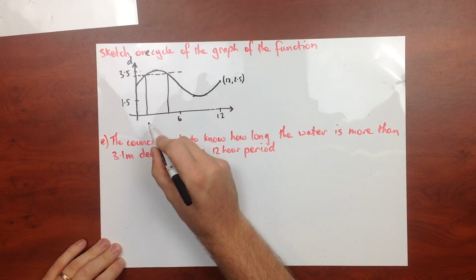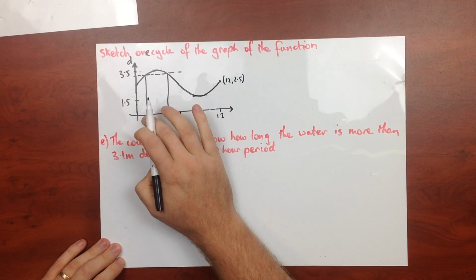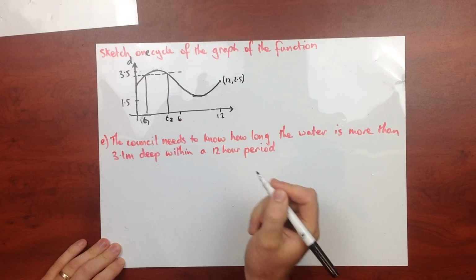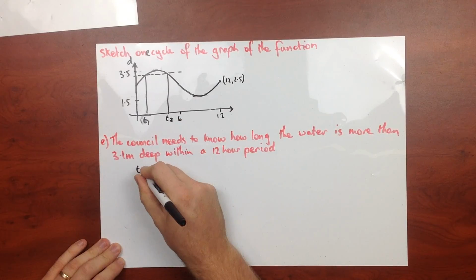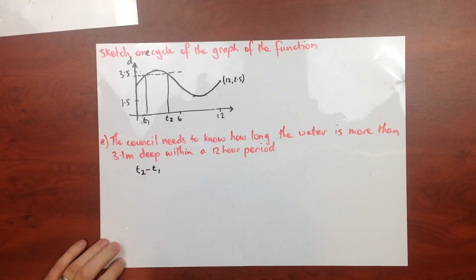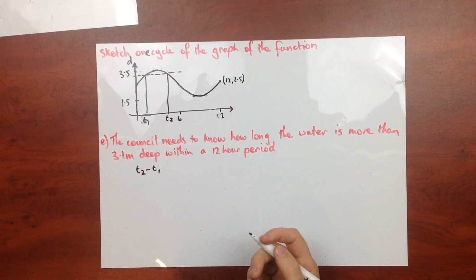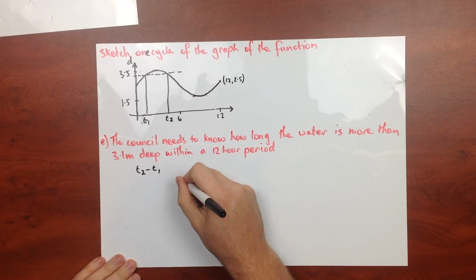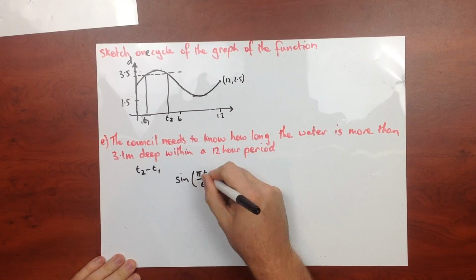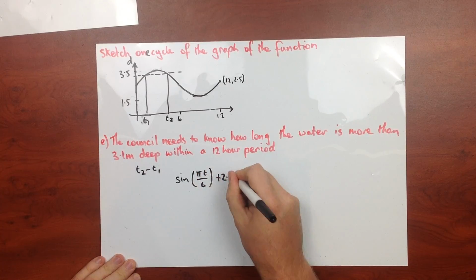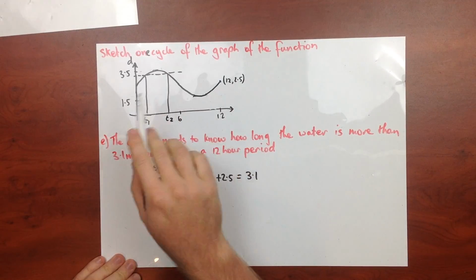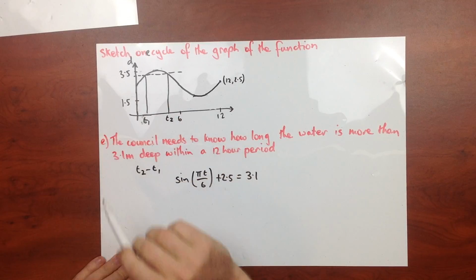Let's call this one T1 and this one T2. Once we've found those two values, we can simply go T2 minus T1 to give us the difference in those time values, which tells us how long we're above there. So what we're doing is solving our equation equal to 3.1. If we know when it's equal to it, we know where it's going to be above.